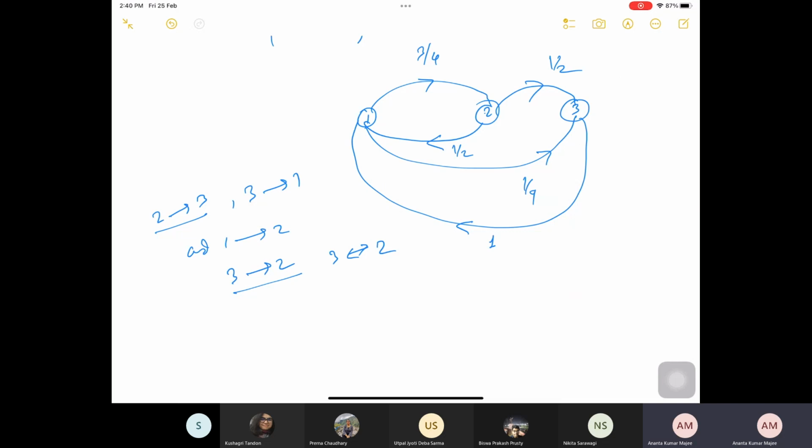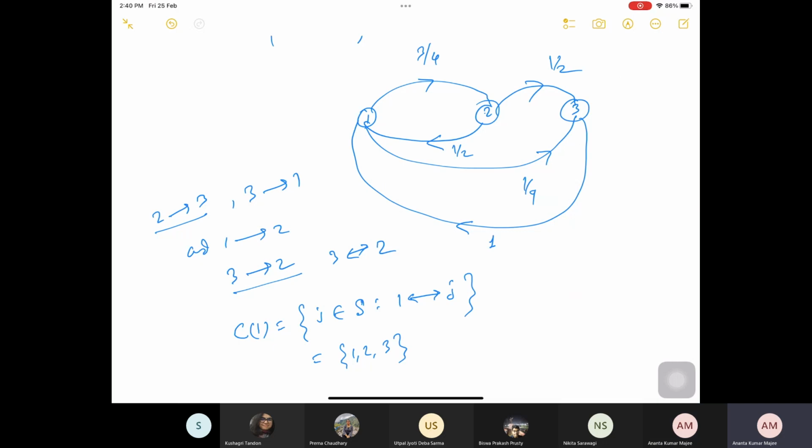So now you check it easily. What is my C of 1? This means all j in S such that 1 is accessible to j, that is, 1 communicates with j. So this is nothing but all of 1, 2, and 3. 1 goes to 2, and 2 goes to 1.